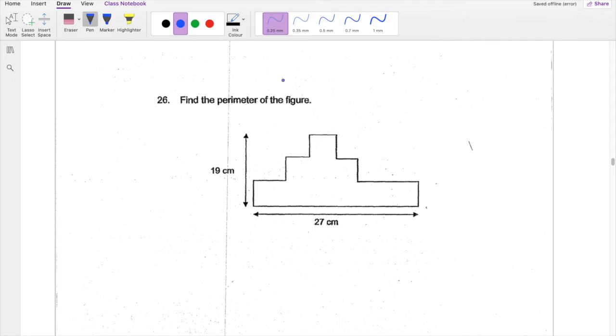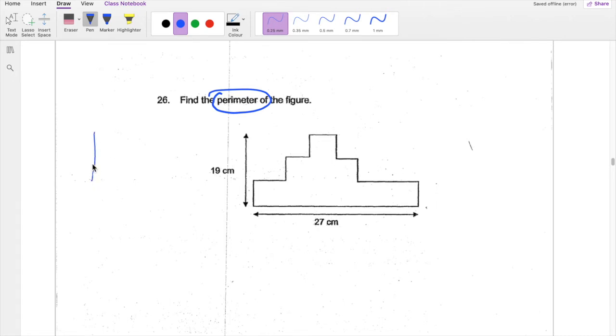26. This question is mainly to find the perimeter of the figure. The concept here is perimeter. Well, perimeter is the outline of the shape, the total length. So how do we calculate this?